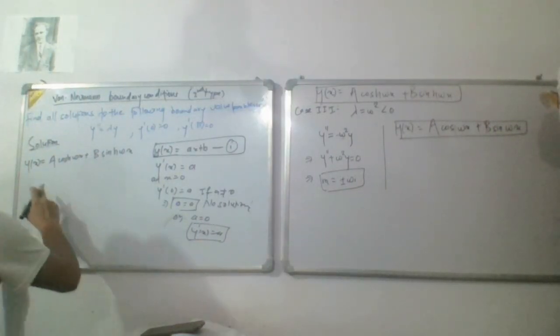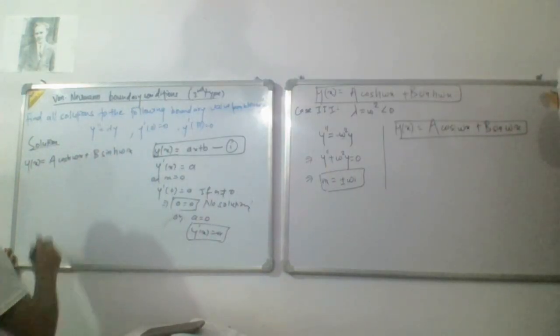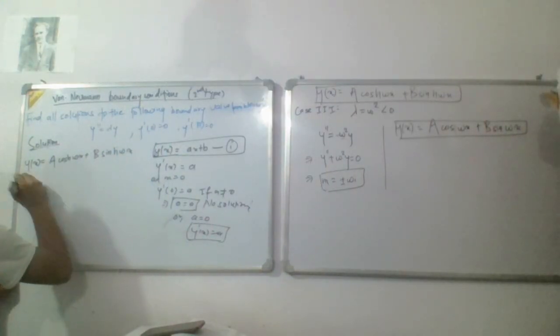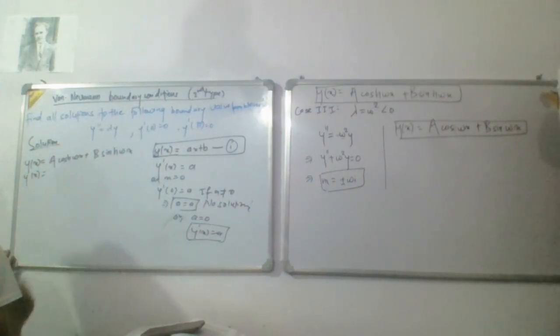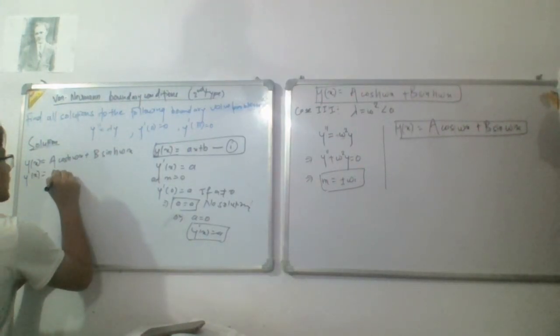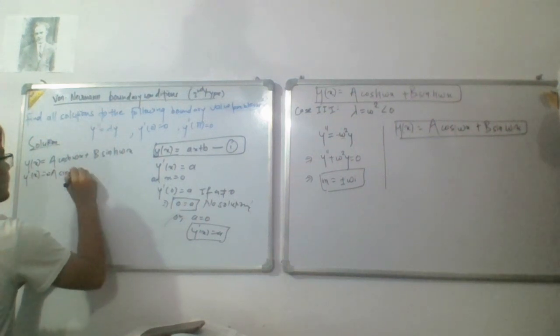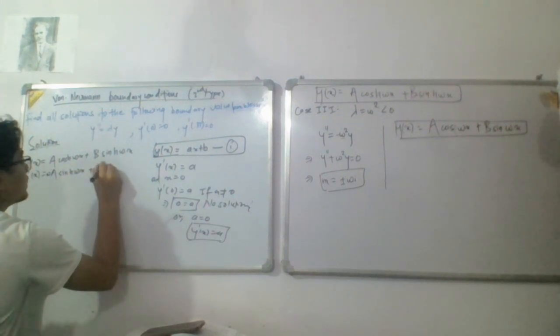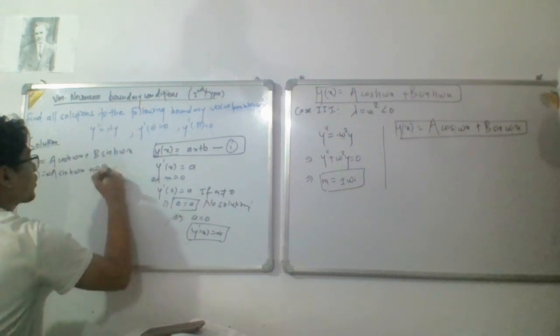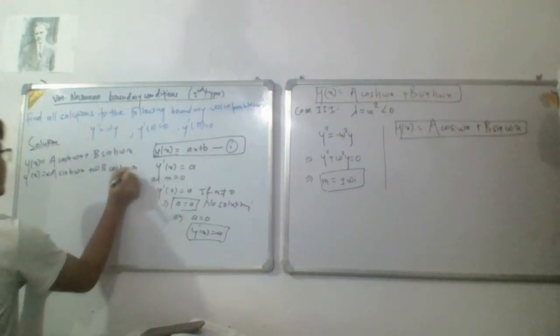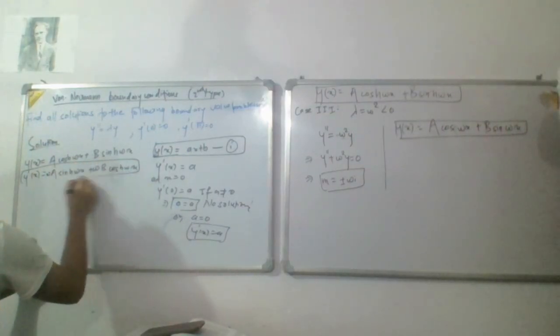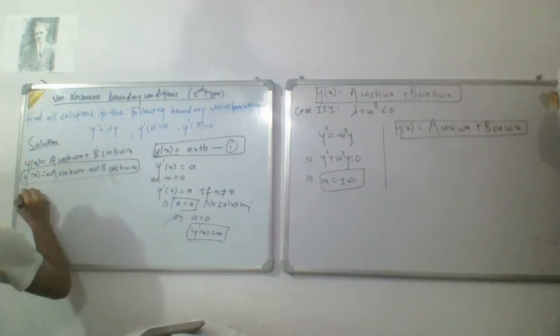Now if lambda is positive, then let's find the first derivative of the solution. It gives us omega a sinh omega x plus omega b cosh omega x. Now let's use the boundary conditions.